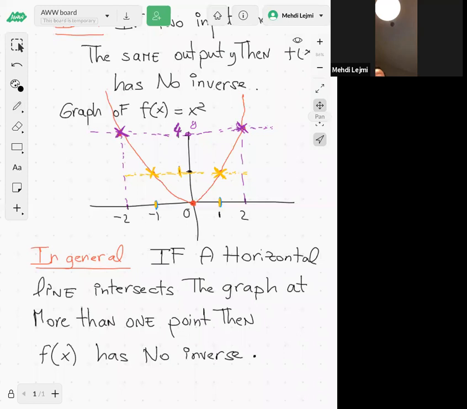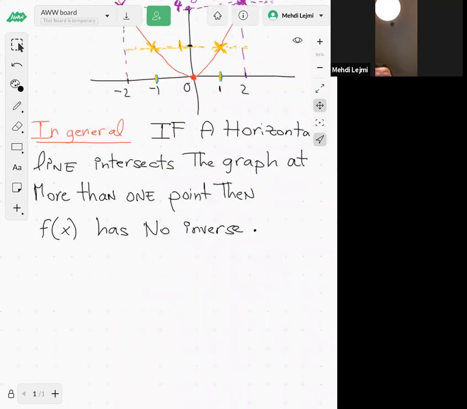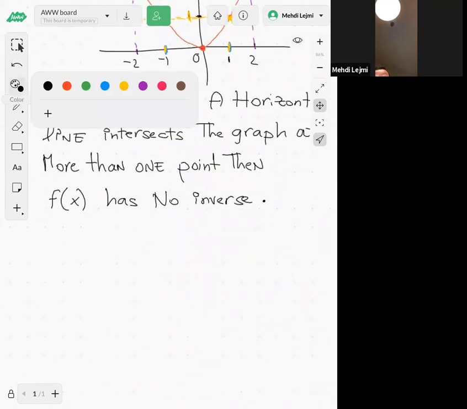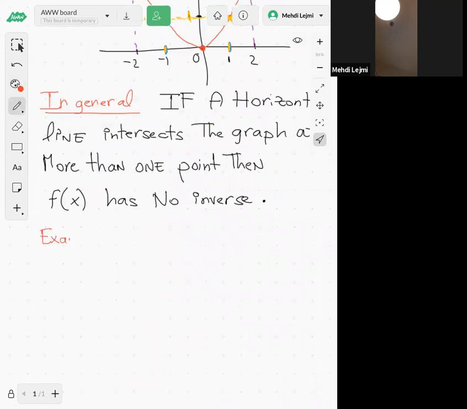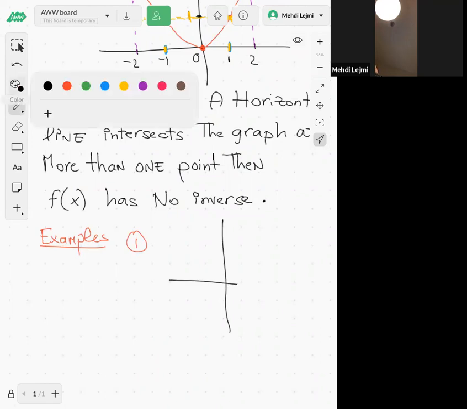So as an example, let's take the following graph. Let's take 2 examples. So for the first example, let's say I have the following graph, for example, this one here.